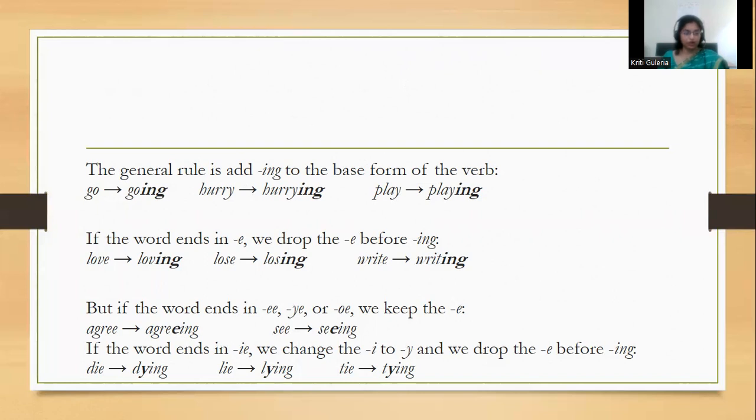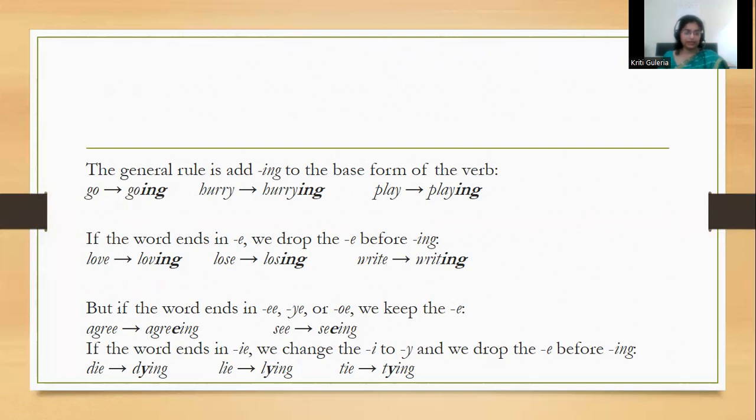Right? And if the word ends in IE, we have to change the I to Y, and we have to drop the E before ing. Like die. So what do we do? We remove the I and E, and we add Y-ING, dying.